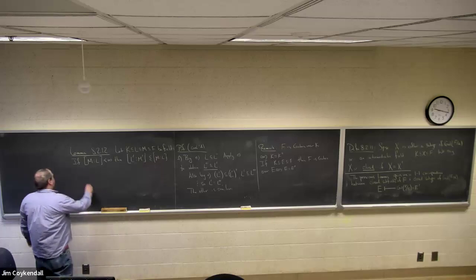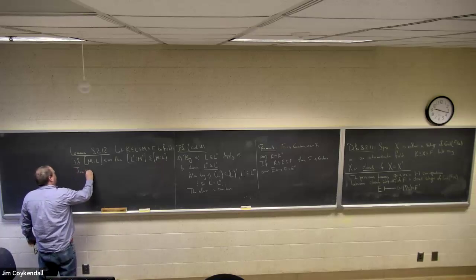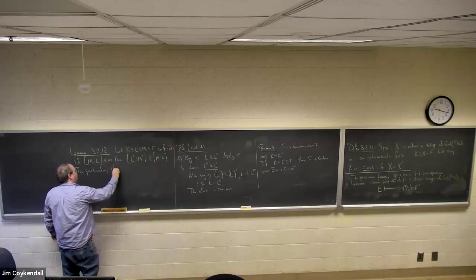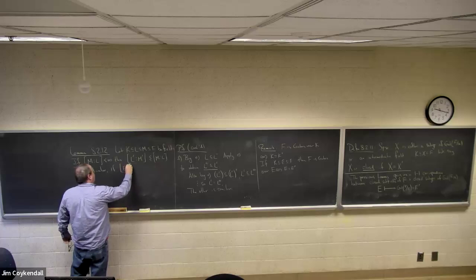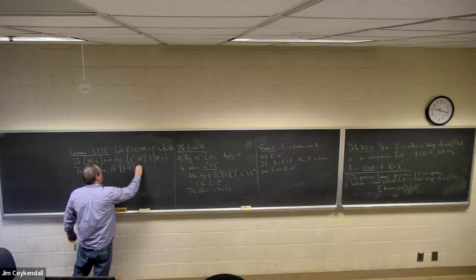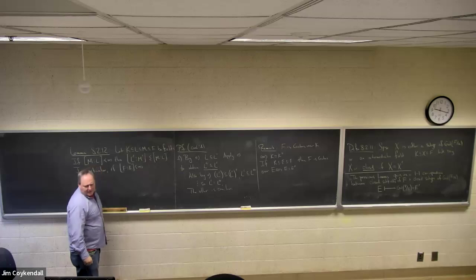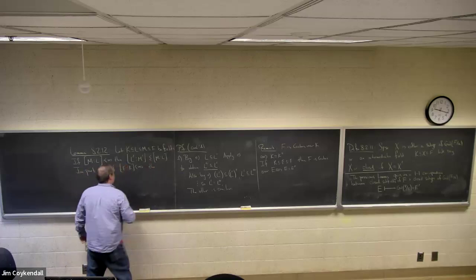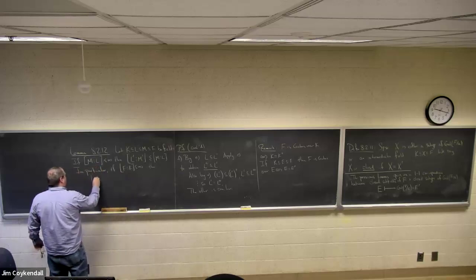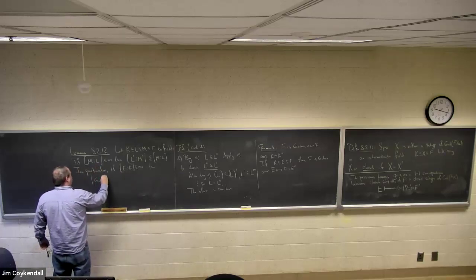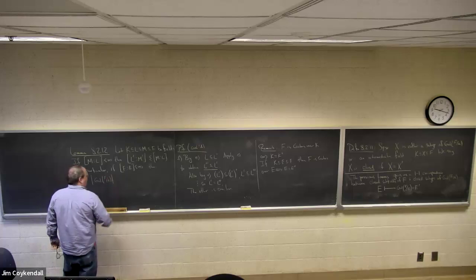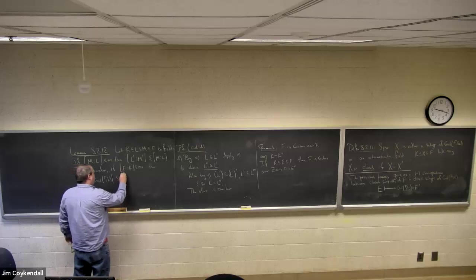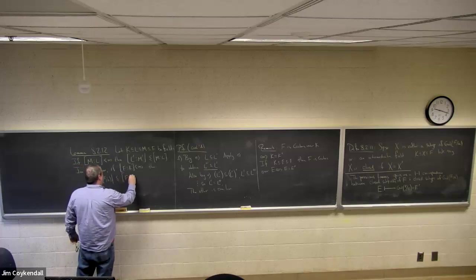In particular, if the degree of the extension F over K is finite, then the order of the Galois group of F over K is less than or equal to the degree of the extension.